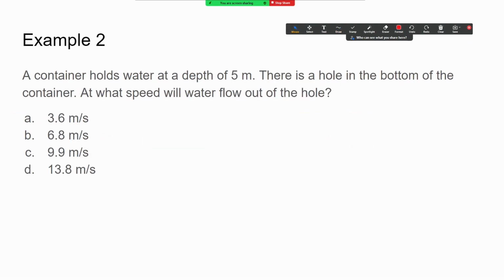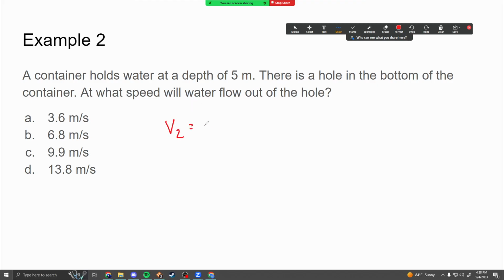Okay. A container holds water at a depth of 5 meters. There's a hole in the bottom of the container, and we want to figure out with what speed the water is going to flow out of the hole. So this one's pretty straightforward. This one's just actually plugging in numbers into Torricelli's theorem. And we're saying, okay, the water is at a depth of 5 meters.